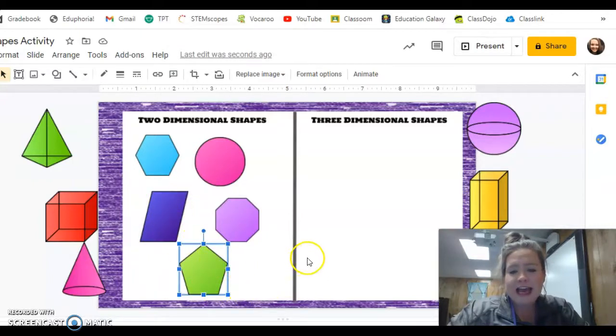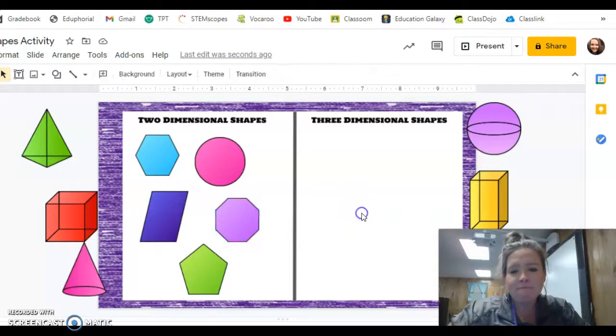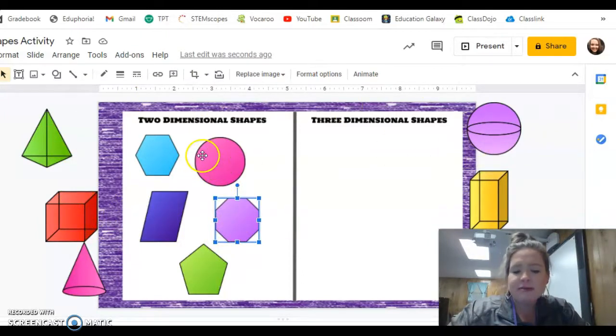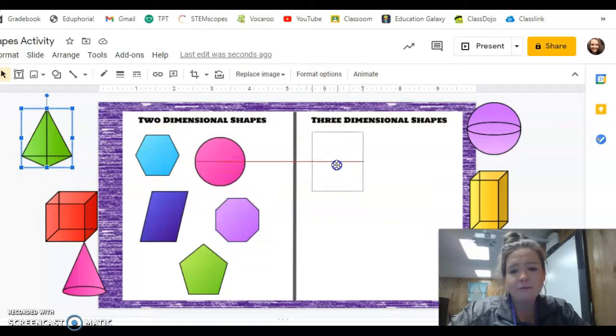What is that? That's a pentagon. And what is this one? Good, that is an octagon, all right? So those are two-dimensional shapes. Two-dimensional shapes have a length and a width, and we classify them based off of their sides and their vertices.